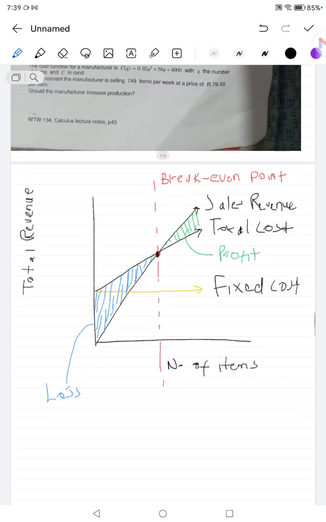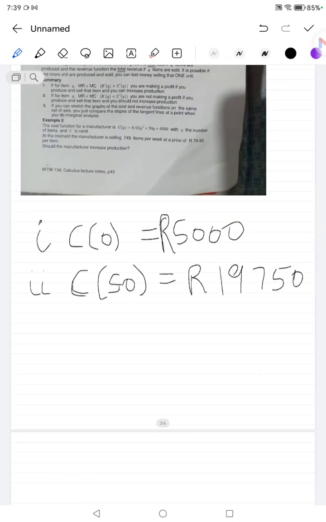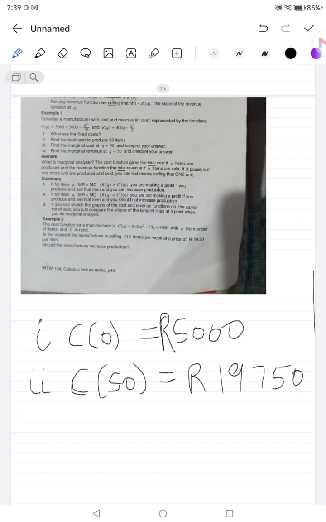Let me just write number 3. We know that we have the marginal cost, so we have to find the derivative of that.